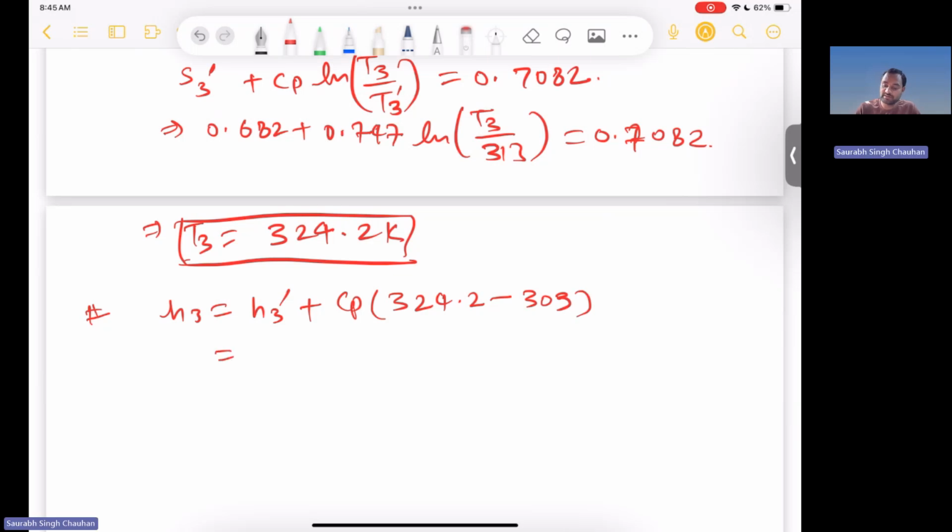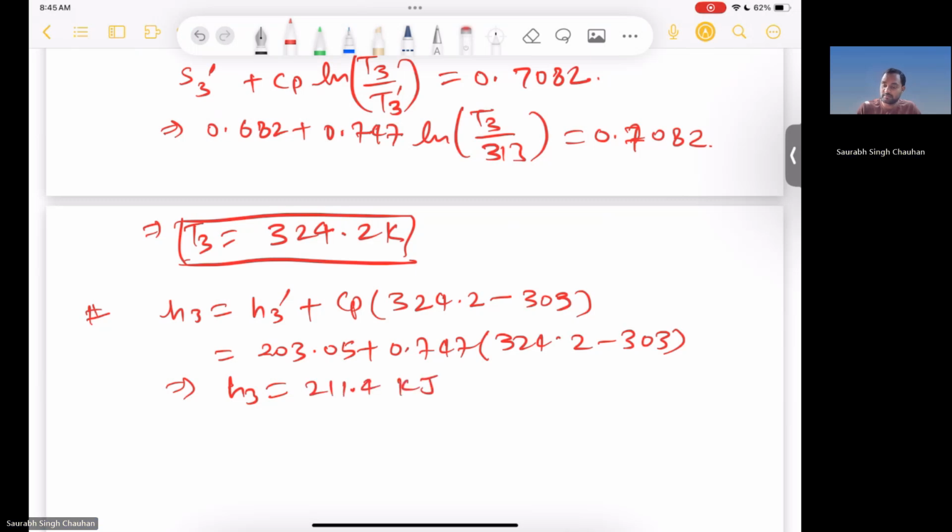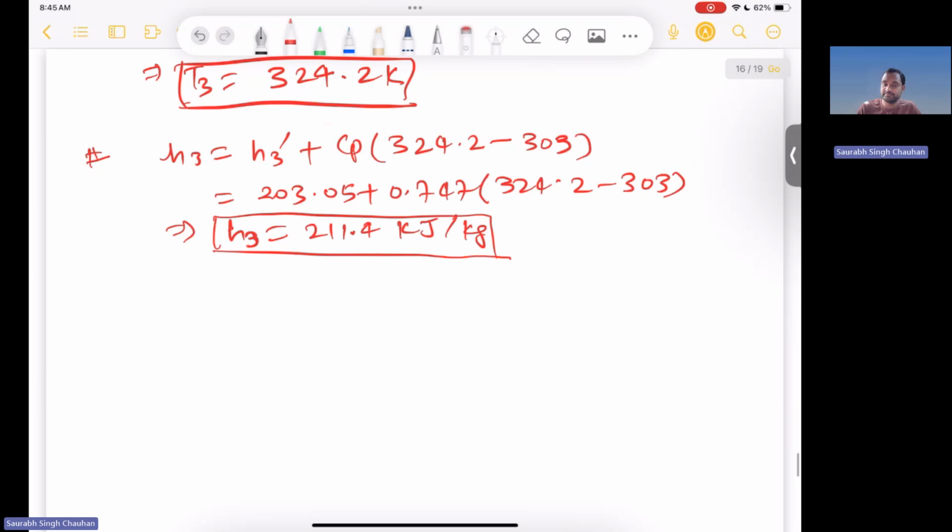If you substitute the values, you will get 203.05 plus 0.747 times 324.2 minus 303. So we'll get the enthalpy at point 3, and it is coming out to be 211.4 kilojoule per kg.